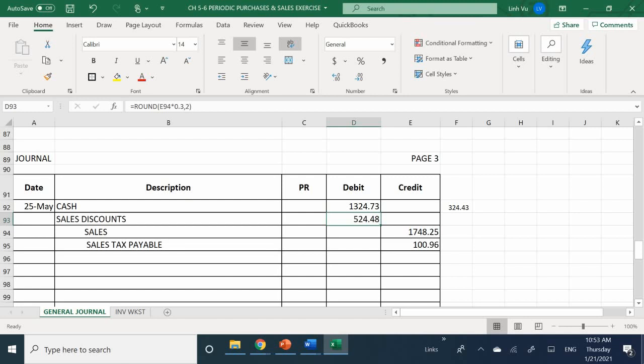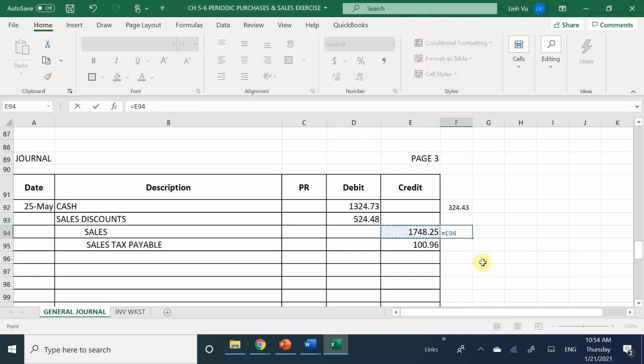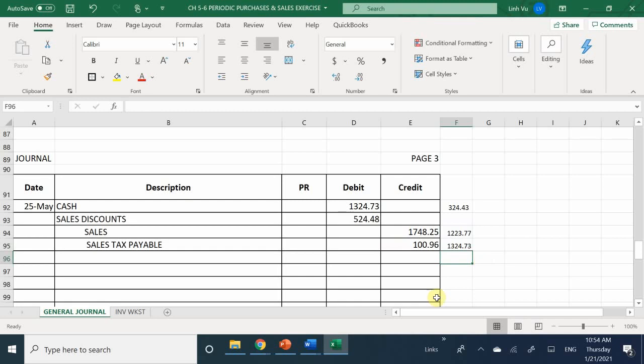Good. So you could do it this way. You can take the total amount of sales, and then you can subtract out how much the discount is. That leaves me with 1,223.77, and then I can add in my $100.96 to give me the 1,324.73. Good.